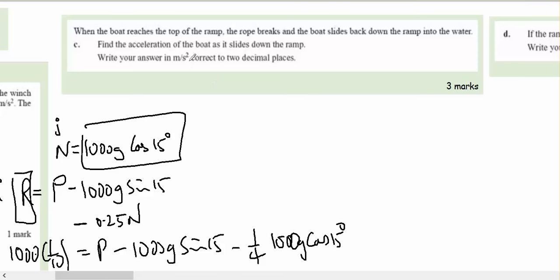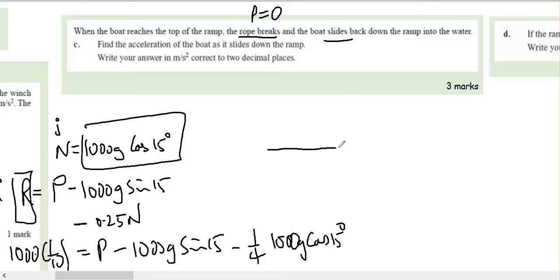Looking at part C, when the boat reaches the top of the ramp, the rope breaks. If the rope breaks, P doesn't exist anymore because the rope has broken, and the boat slides back down the ramp into the water. Find the acceleration of the boat as it slides down the ramp.